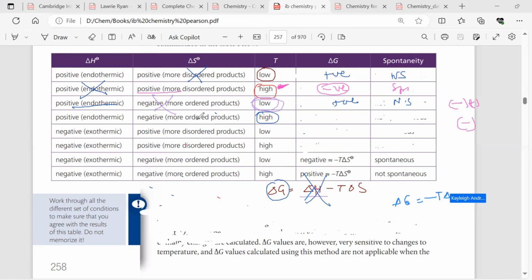Perfect. Now tell me, does this depend upon the delta H value? No. We don't have to see this delta H. Now delta S is negative over here, so delta G will be positive, so it's non-spontaneous. Write down non-spontaneous, right?